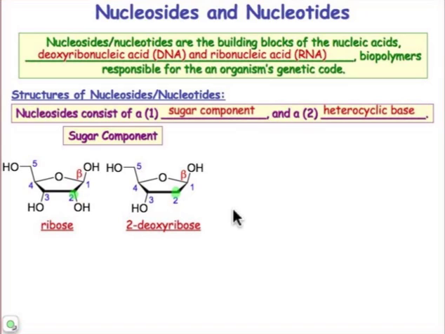Maybe you've wondered what the difference is between DNA and RNA, and by the time this series of webcasts is over, we'll understand how that affects the chemistry of these two different polymers.